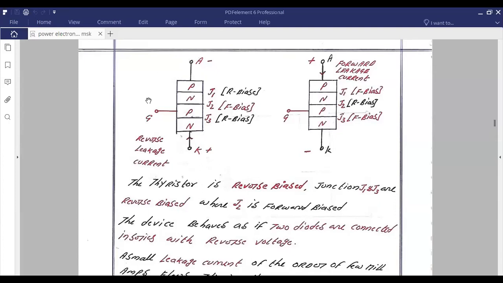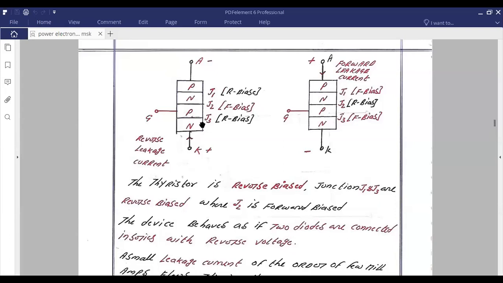Okay, then in the second case, we apply a reverse voltage across the device. That is, the anode is negative and the cathode is positive. When this power supply is connected to the device, what will happen? J1 is reverse biased, J3 is reverse biased and J2 is forward biased.